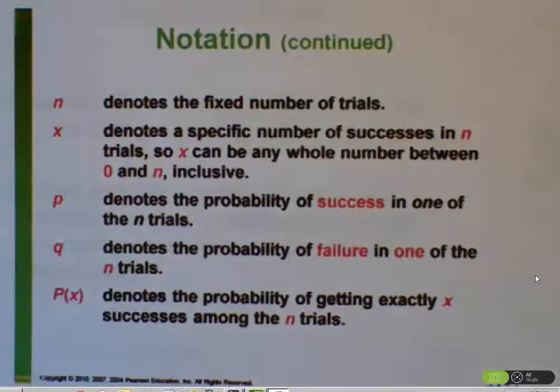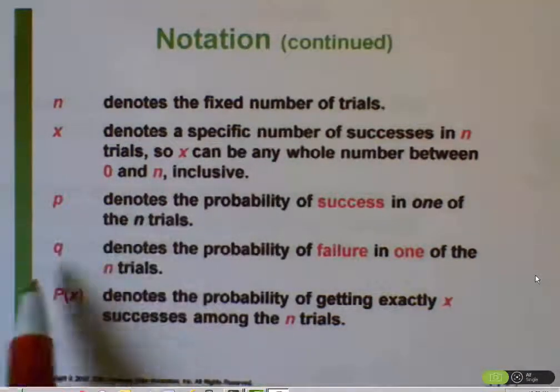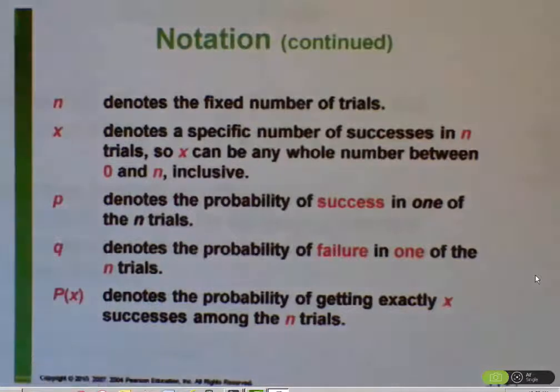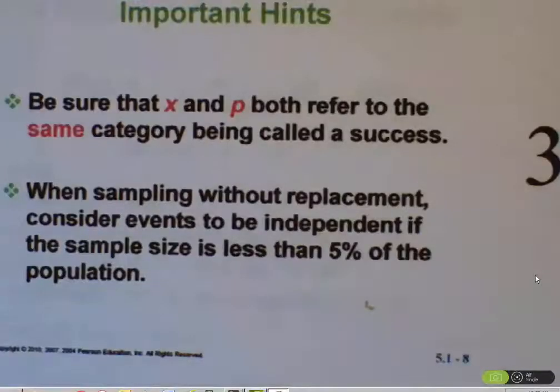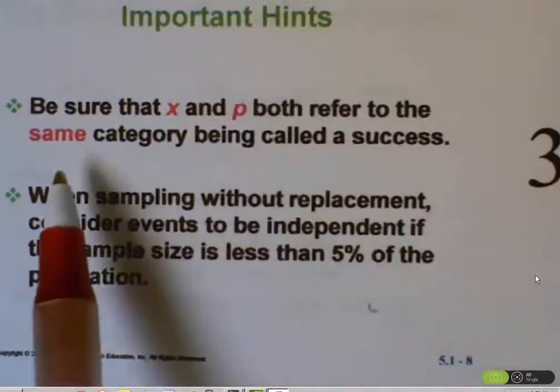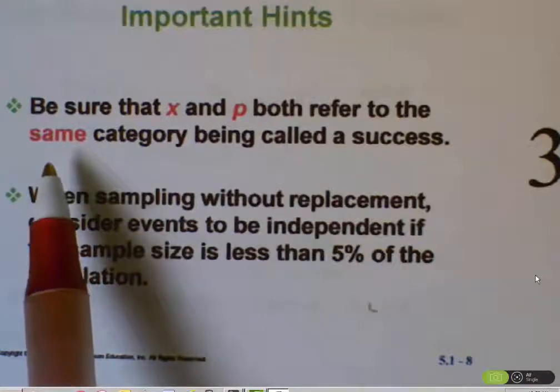P is the probability of success, Q is the probability of failure, and P of X is the probability of getting exactly X successes among N trials. Be sure that X and P both refer to the same category being called a success.